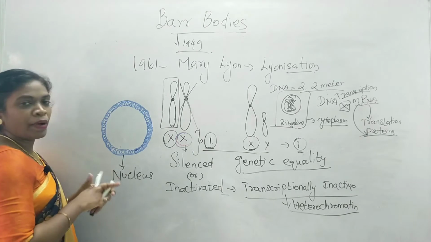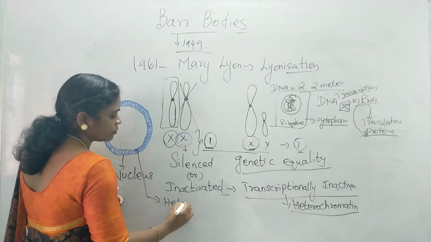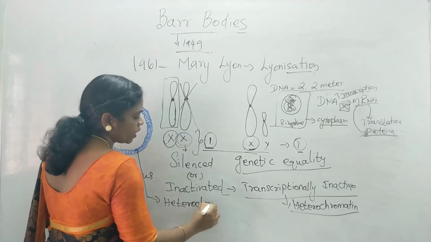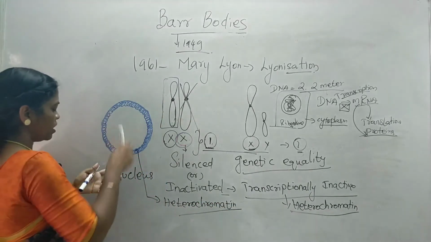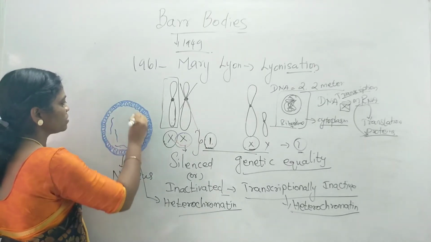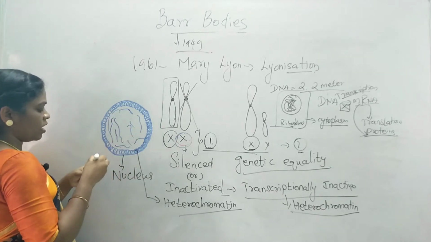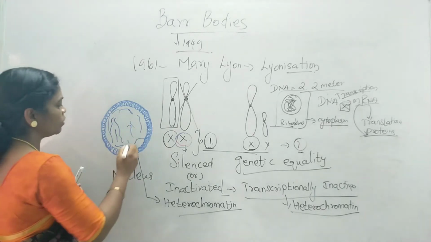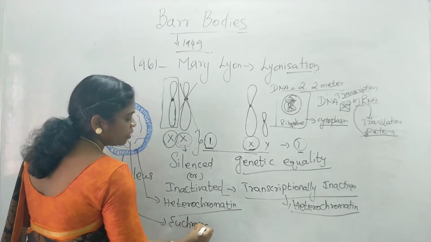These tightly packed structures are known as heterochromatin. In the middle, you can find some loosely packed structures. These loosely packed structures are known as euchromatin. So there are two types of chromatin, heterochromatin and euchromatin.